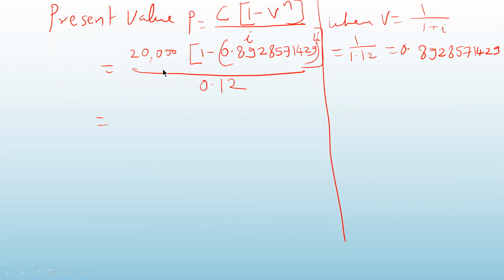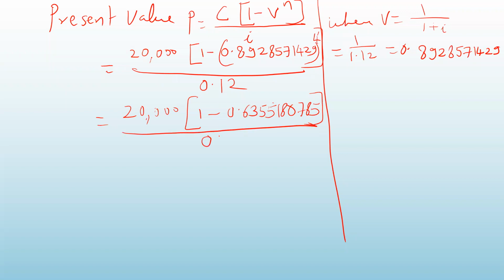Now, this number is already on your screen. To take its power 4, if you are using a non-programmable calculator, multiply after this number, press multiplication and then the equal sign 3 times. So it is 20,000 into 1 minus this raised to power 4, which comes out to be 0.6355180785, divided by 0.12.